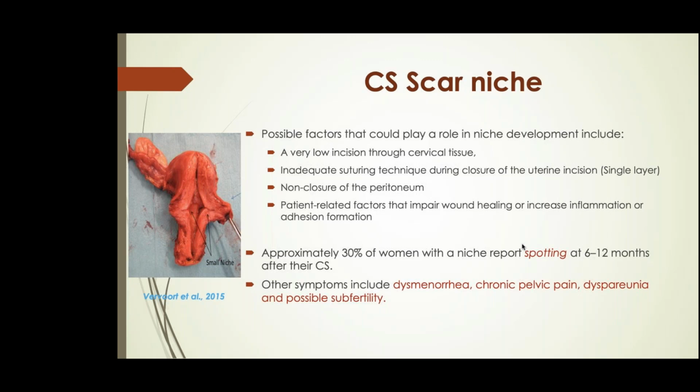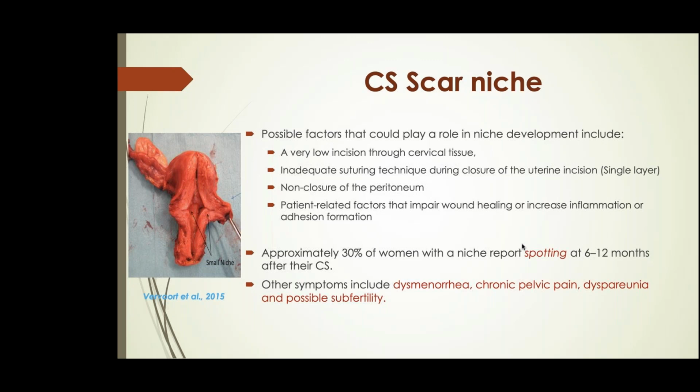The mechanism is probably that if you have blood for a long time inside this niche, even a small amount, this can cause inflammatory reactions and inflammatory mediators that can affect, for example, fertility and the implantation of the embryo.